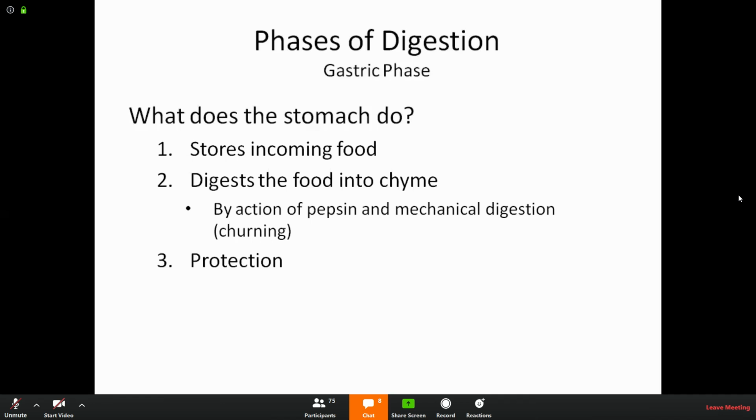Due to the action of the gastric juice, there is mechanical digestion of the food; the food particles are broken down into smaller pieces or smaller units. And there is protection of the acidic gastric environment.